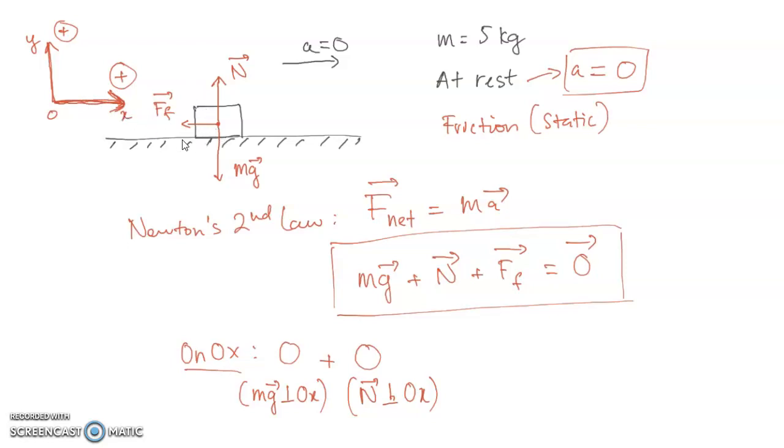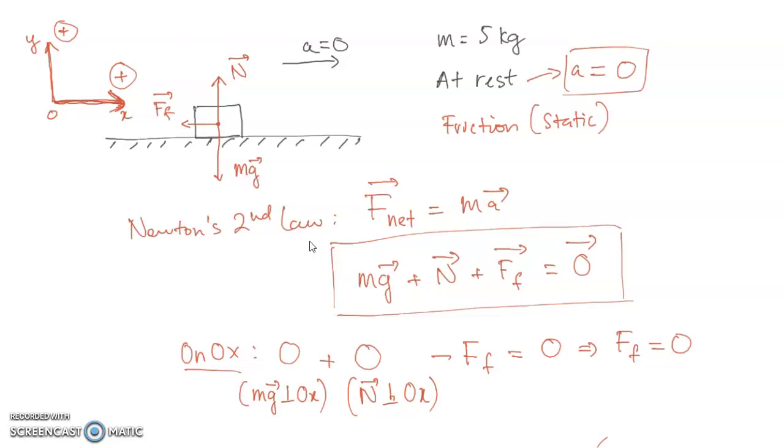So that means it has to be minus F friction equal to 0. So F friction here equals 0, and that makes total sense.